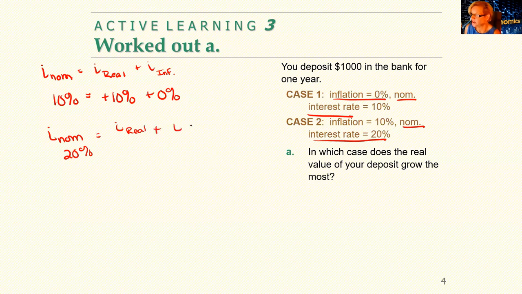And the inflation rate here is 10%, so plus 10%. That must mean that our real interest rate is 10%, right? So we're actually earning the same real rate of interest in case 1 as we are in case 2. So in which did they grow the most? They're the same.